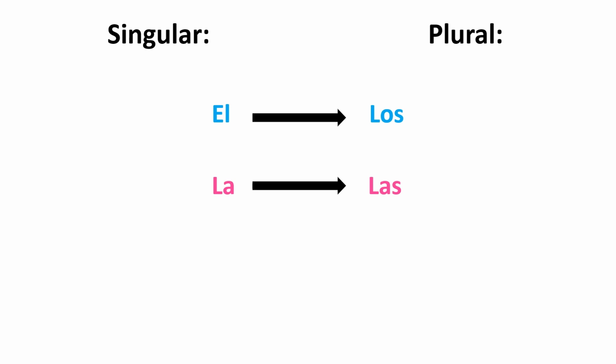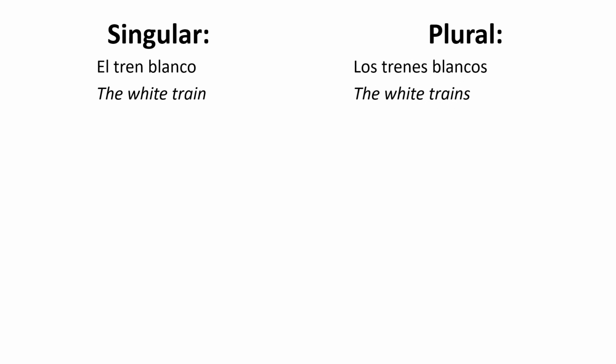Here are more plural examples. Remember, el becomes los and la becomes las. El tren blanco becomes los trenes blancos. Since tren ends in a consonant, this means that an E and an S will be added to tren, and an S is added to blanco.